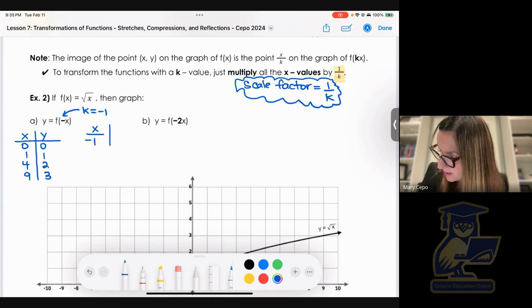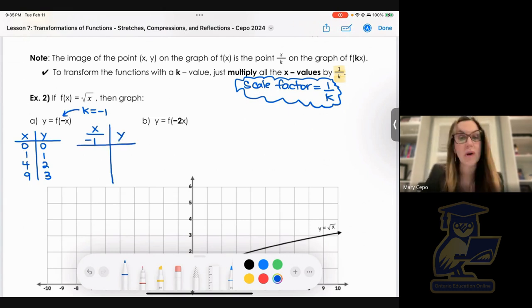So that would remain, the y's would remain the same. So we're going to take each of those x values and we're going to multiply it by 1 over k, which is the same thing as dividing it by that k value. So we're taking all our x's and dividing it by negative 1. 0 divided by negative 1 is still 0. 1 divided by negative 1 is negative 1. 4 divided by negative 1 is negative 4.